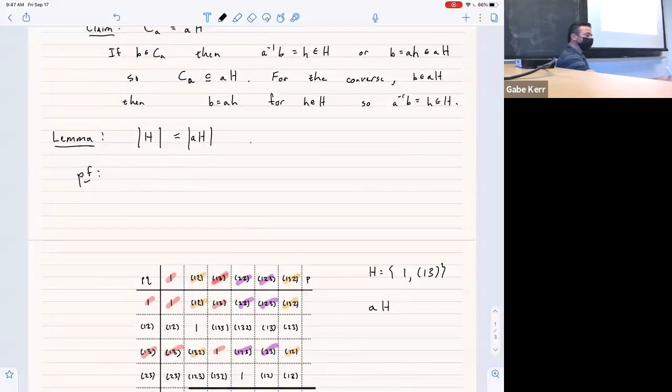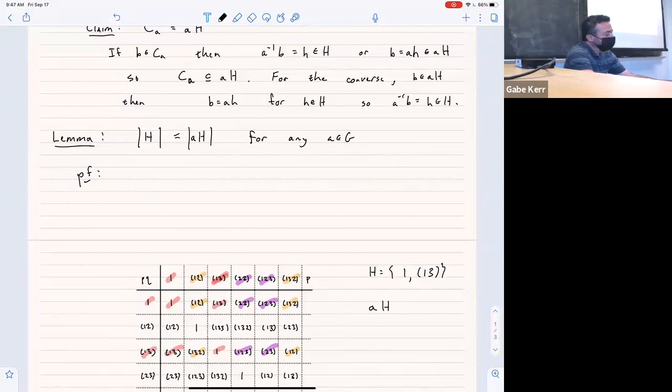For any element of the group. Yeah. Show that there's a homomorphism or an isomorphism. You can do something like this.